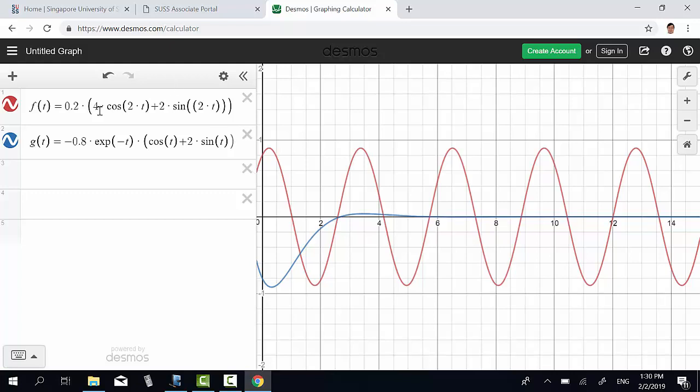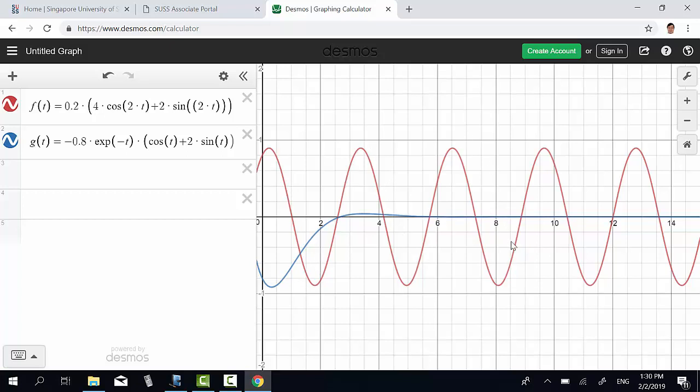I have entered the function f(t) equal to 0.2 times 4 cosine 2t plus 2 sine 2t. This is the steady state solution as mentioned in the video, and it is graphed using a red curve.